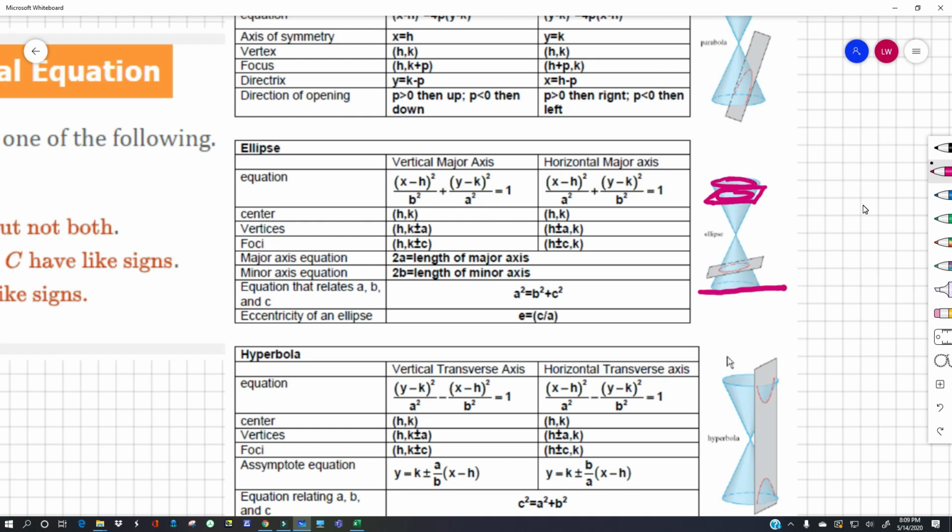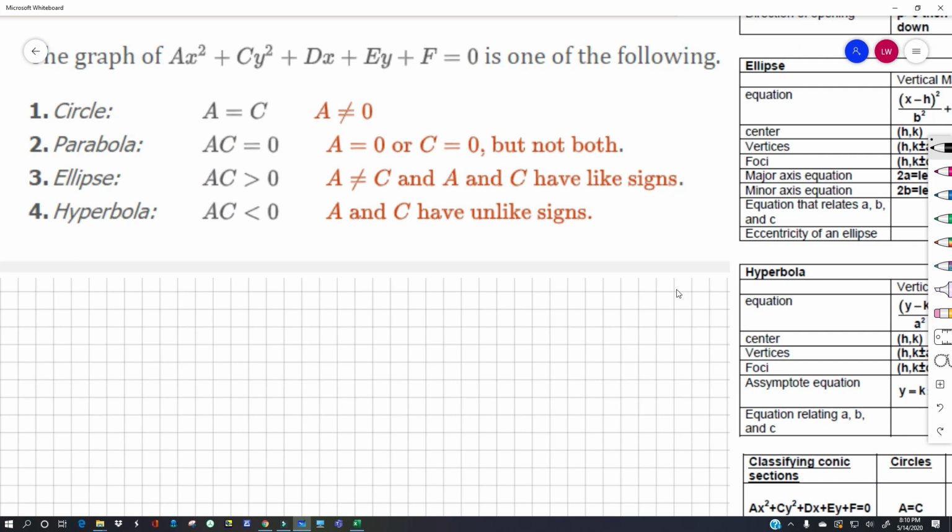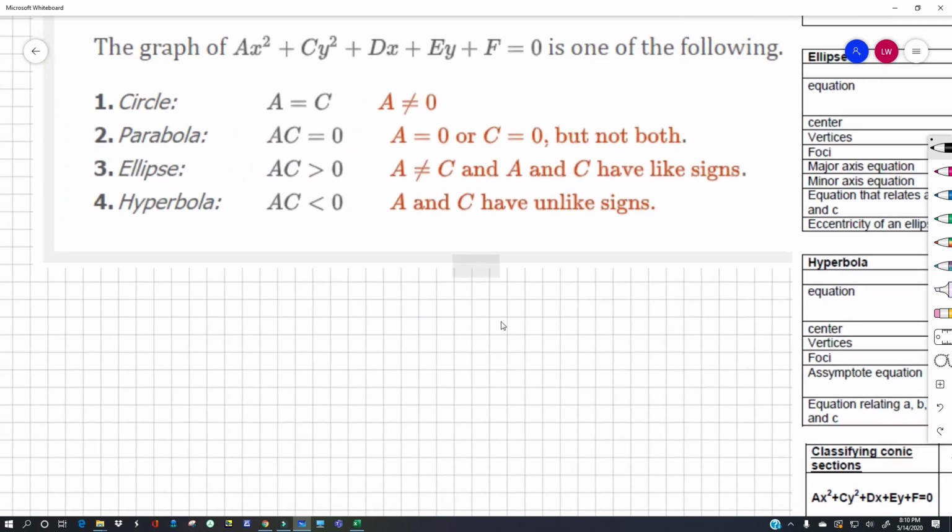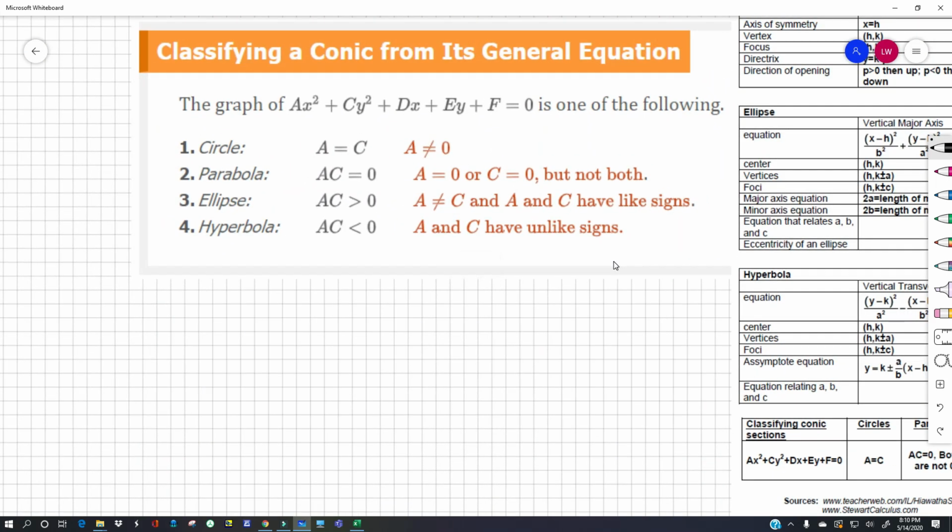So circles are definitely conic sections. Just keep that in mind, and I'm going to quickly remind you of the standard formula for a circle. It goes like this: x minus h squared plus y minus k squared equals radius squared, and the radius is just a number, right?